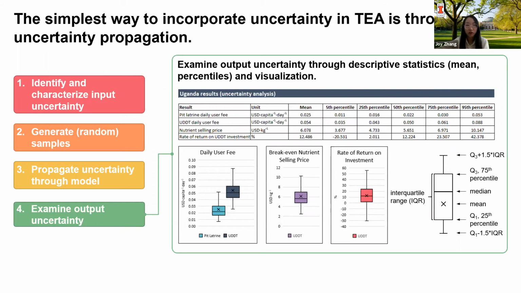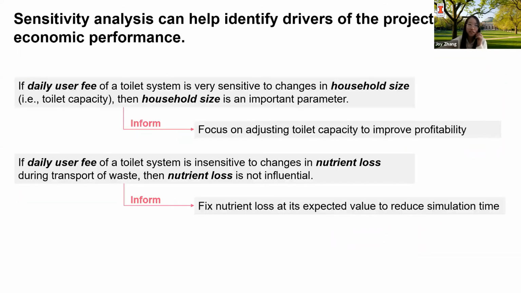After we perform uncertainty analysis, we can usually use the same data for sensitivity analysis. Compared to uncertainty analysis, sensitivity analysis answers questions about the relative importance of different input parameters to the TEA metric. For example, if we find out that the daily user fee we calculate is very sensitive to changes in household size, then we consider household size an important parameter.